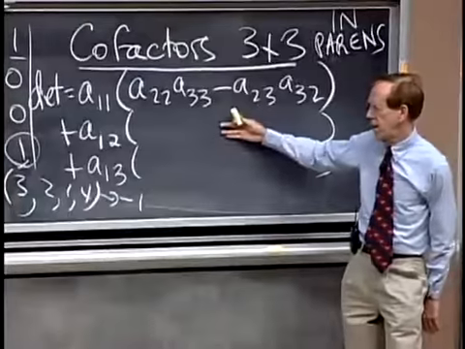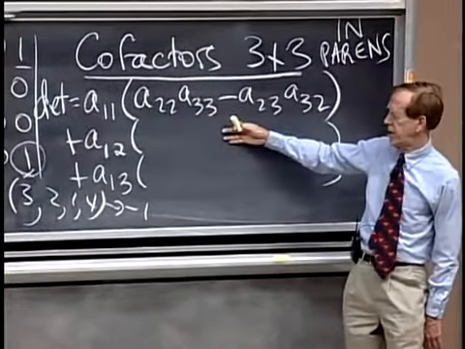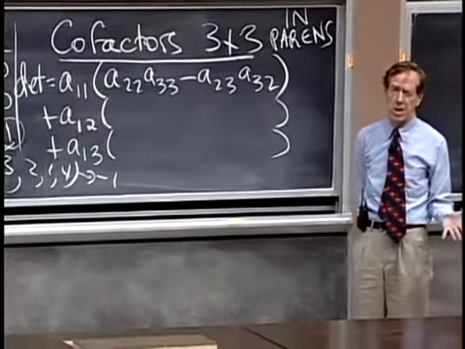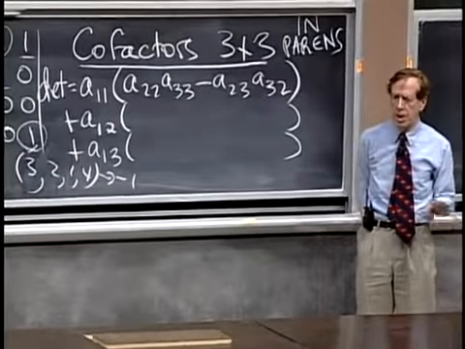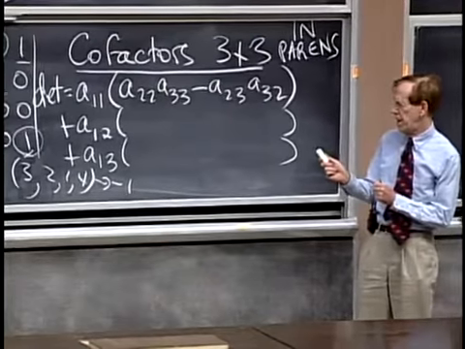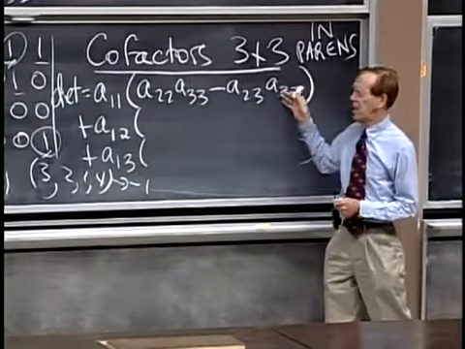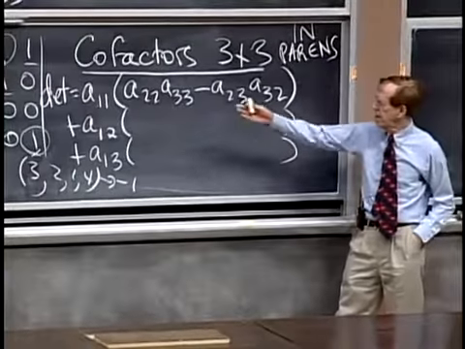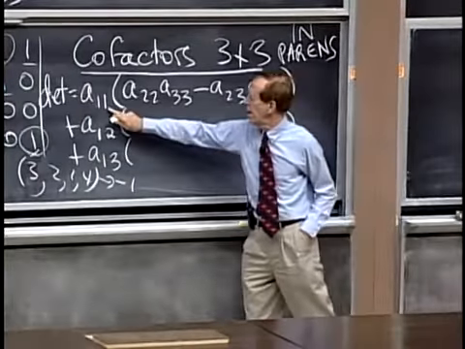And now I could look back and see what used A12, and what used A13, and those would be the cofactors of A12 and A13. Before I do that, what's this number? What is this cofactor? What is it that's multiplying A11?